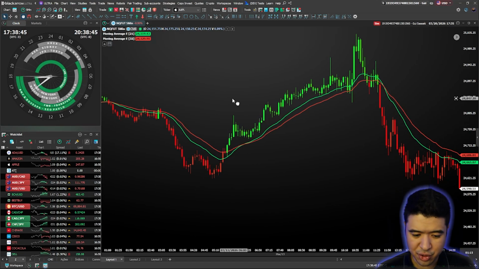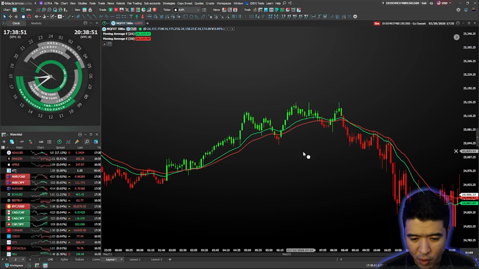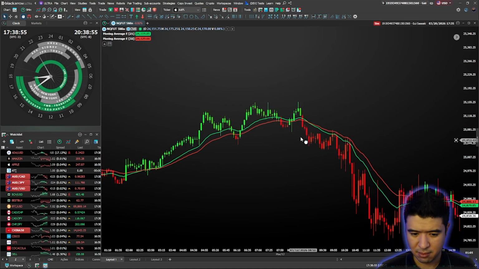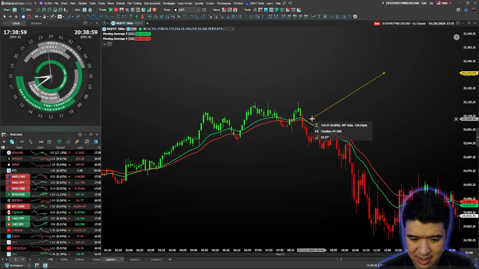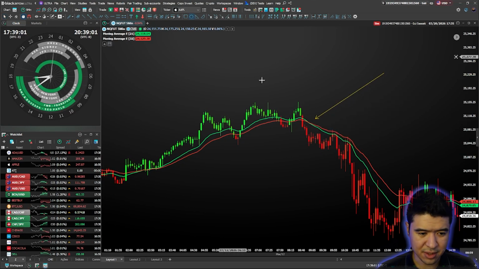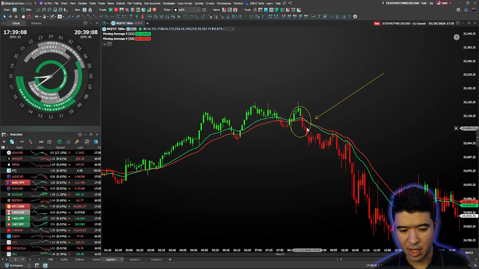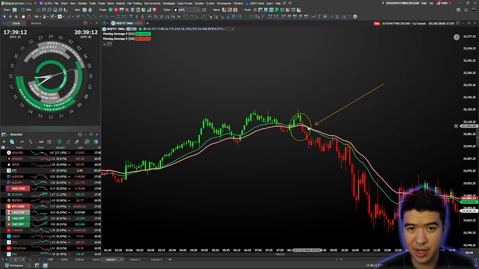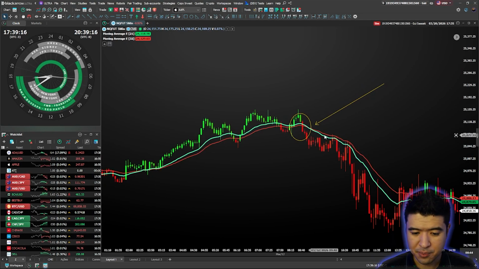So I'm gonna show you guys how to actually use it for day trading. So when the candles, for example, go red, like this one, let's circle here. So this part was the turning point. What happens is the candles became red, okay, and the 21 moving average crossed down, so it's now below the 32 moving average, the red one.